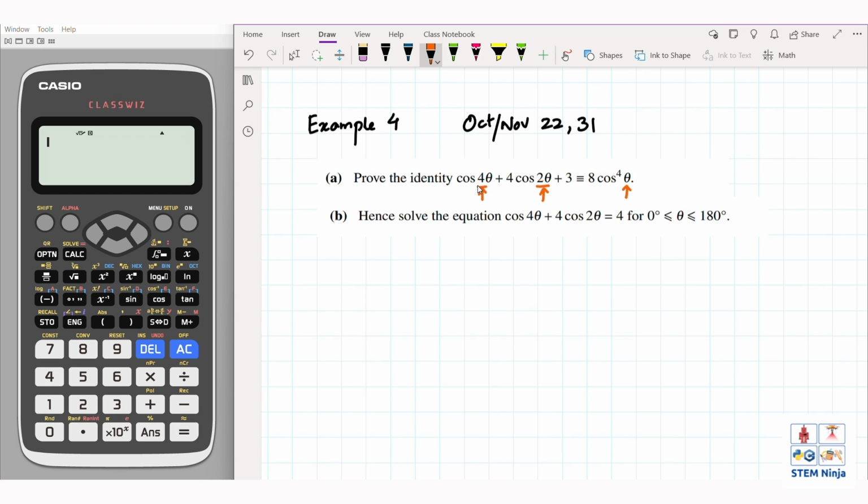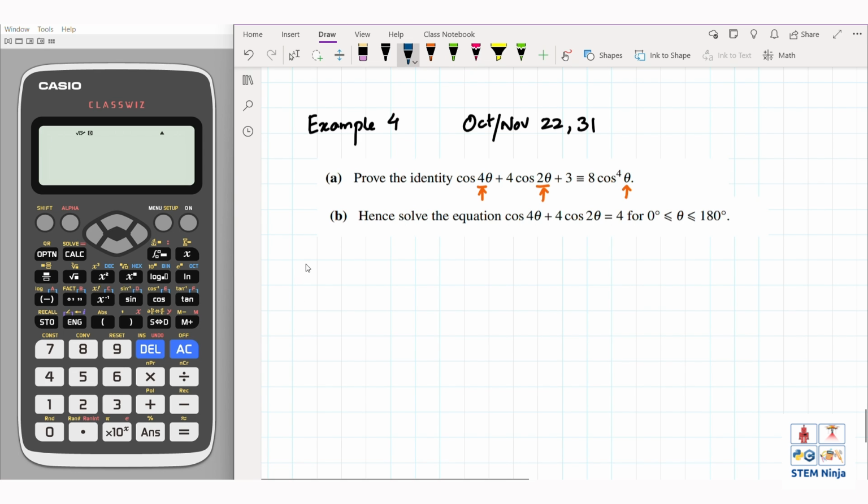So that means on the left hand side we need to convert this 4 theta into theta and 2 theta into theta also. Like we need to re-express the left hand side in the form of ratios that only have theta, not 2 theta, not 3 theta, not 4 theta.